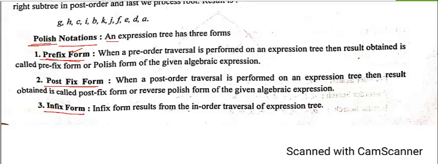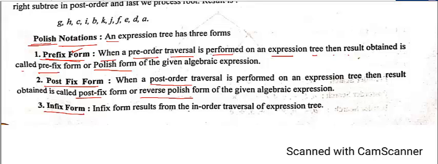What is the meaning of prefix? When we perform a pre-order traversal, already discussed, on an expression tree, the result is obtained as a prefix, or you can say the Polish form of a given algebraic expression. But when we perform post-order traversal, then it is known as postfix, or you can say reverse Polish form.